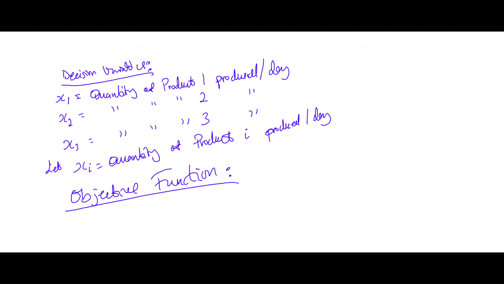So the objective function here is to maximize the total profit, because the question is how many of each of the 3 different products should be produced, given limited resources, to maximize total profit. And we know the profit for each product. The profit for product 1 is 3 per unit, the profit for product 2 is 5, and that for product 3 is 2.